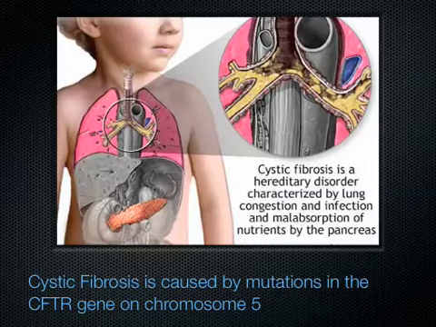This ion channel is important for the formation of mucus. If that ion channel is not working correctly, like in patients of cystic fibrosis, thick mucus builds up and becomes a blockage. This can become a huge problem and may lead to even an early death. 50% of people diagnosed with cystic fibrosis die before the age 30.